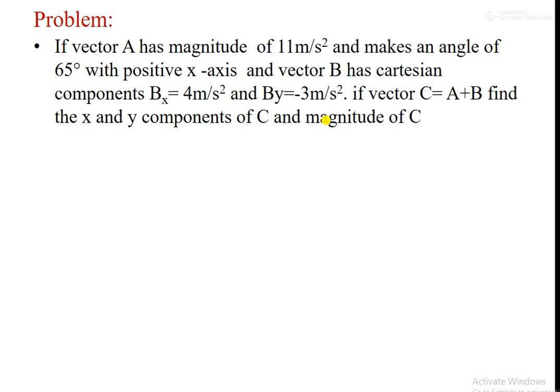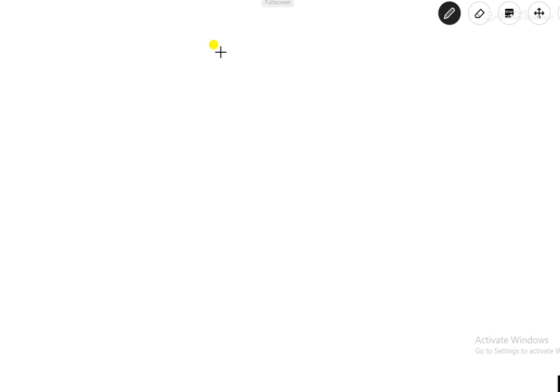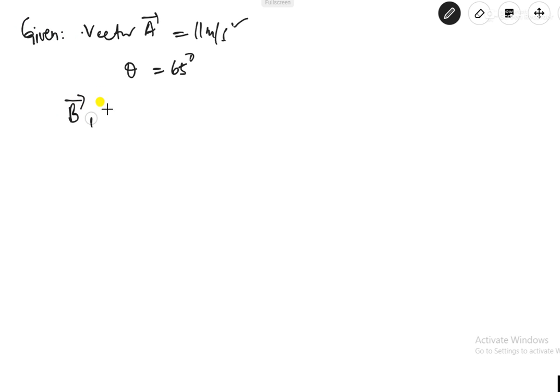Okay, we will also do this. Here the given vector A is equal to 11 meters per second and it is making an angle of 65 degrees, right? These are the given values. For vector B, he has given the components: Bx is equal to 4 meters per second square and By is given as minus 3 meters per second square.